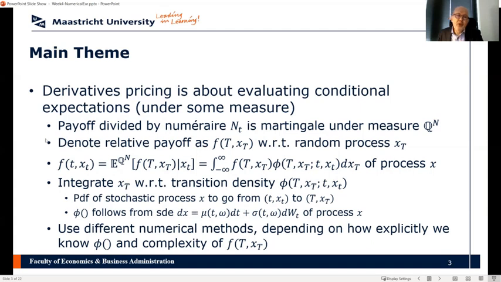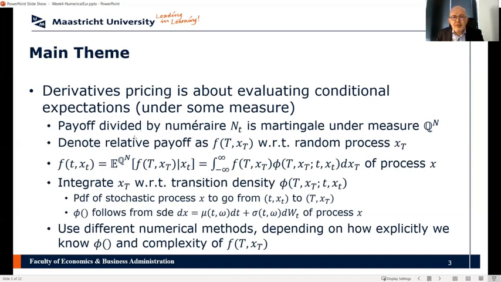So what we talked about last week is that the payoff of any asset divided by the numeraire will be a martingale process under the martingale measure Qn that belongs to that choice of numeraire.